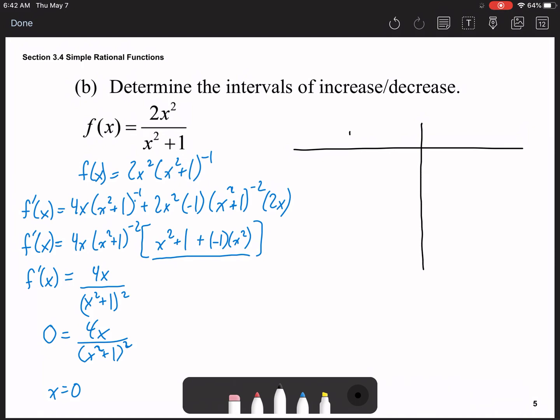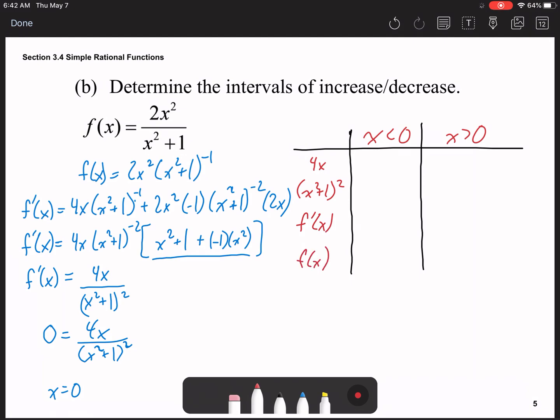I'm going to break up this function a little bit more than I usually have. So I'm going to look at x values less than 0 and x values greater than 0, because my first derivative is a product of 4x divided by x squared plus 1 squared. I'm going to break them up like that. That's going to give me f prime of x. Therefore, I'll figure out what f of x is doing.